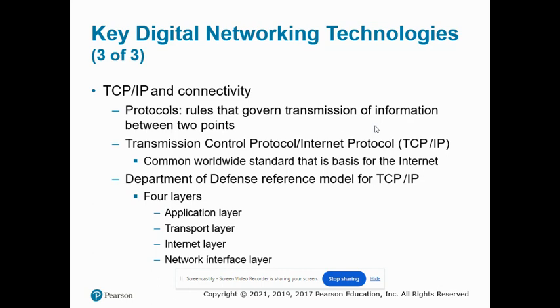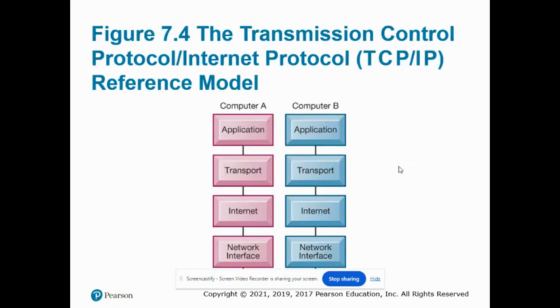TCP/IP actually is a suite of protocols, the main ones of which are TCP and IP. This figure illustrates the 4 layers of the TCP/IP reference model for communications. Note that what happens when computer A sends a message to computer B is that the data that computer A creates is transferred within that computer from the application layer to subsequent layers in sequence.